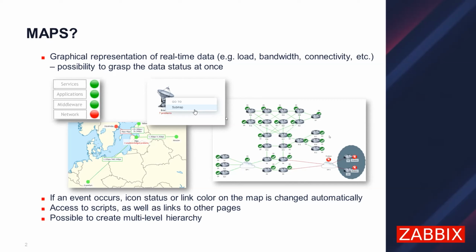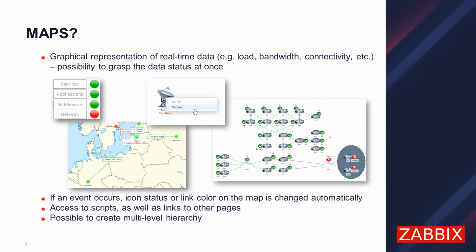Of course, you can have some events depicted on your map. For example, if an event occurs, you may have different trigger statuses appear on the screen. You can change the link colors and so on. Maps also enable you to have direct access to all hosts and host groups and all information with, for example, global scripts.